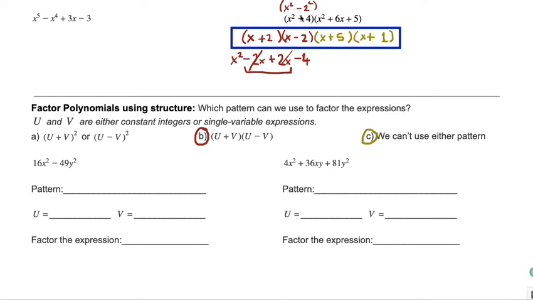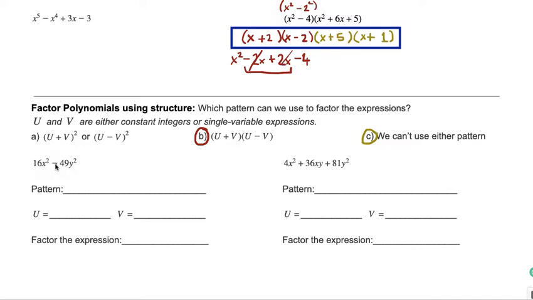This was because our constant term is negative, and we also observe that this center is gone. So we're not going to have a combined term in the middle because it cancels out. But we're going to have a negative in our polynomial, and both terms are going to be square terms.